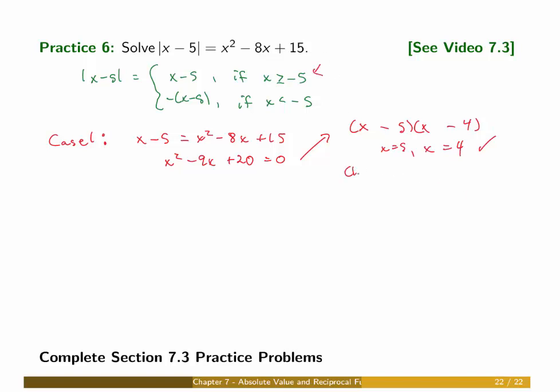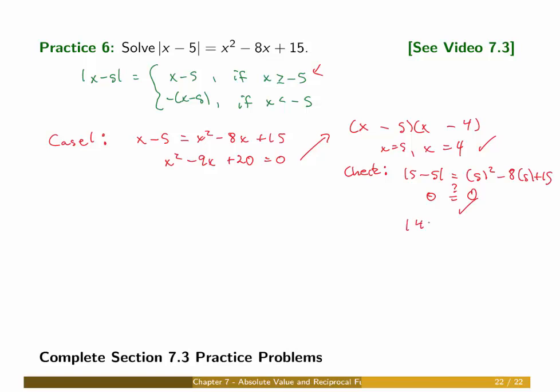When you check, you're going to be left with the absolute value of 5 minus 5 equals 5 squared minus 8 times 5 plus 15. Is that going to equal on both sides? Here we have 25 minus 40 plus 15, which is 0, so yes, it is correct.